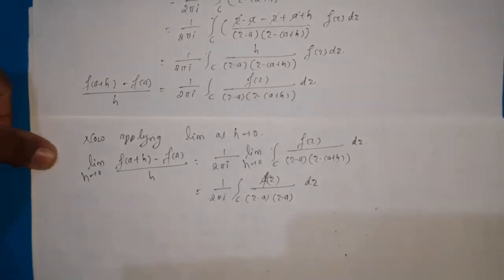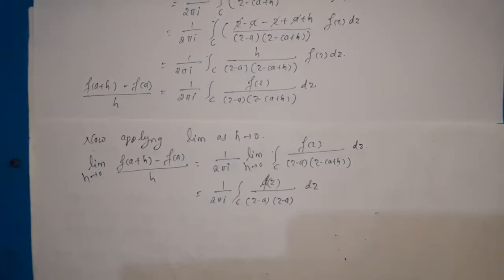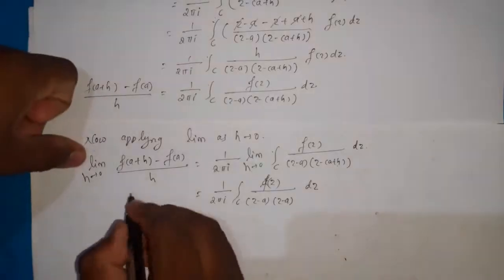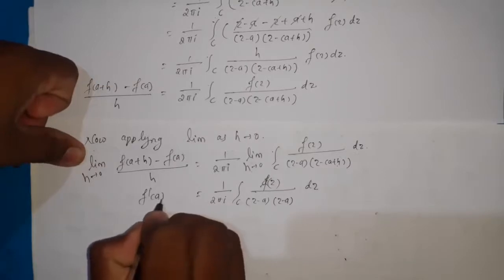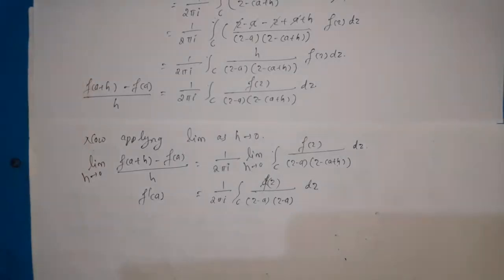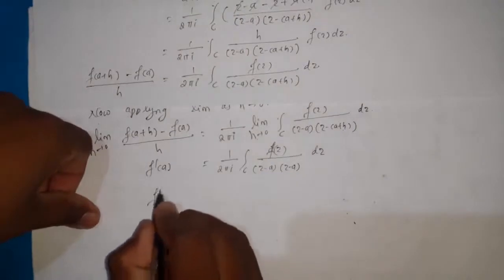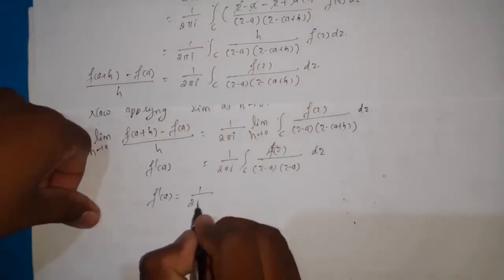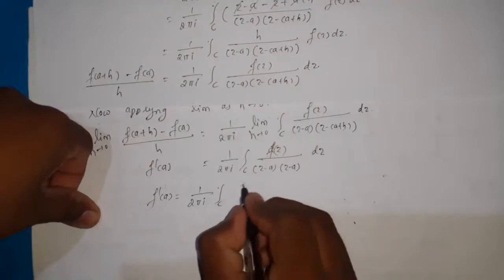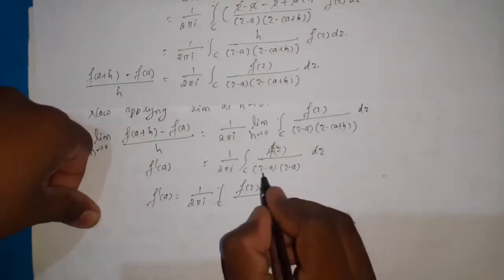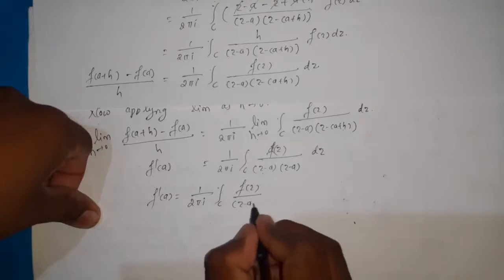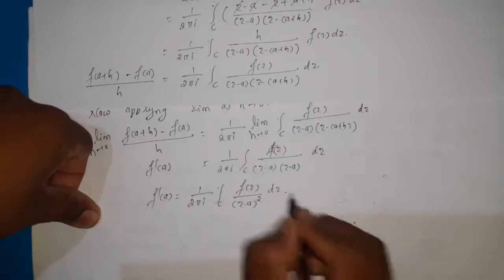And on LHS, that is limit as h tends to 0 of f of a plus h minus f of a divided by h, it is nothing but the derivative of the function f of a. So therefore that becomes f dash of a. So now f dash of a is equal to 1 divided by 2 pi i integration over C f of z divided by z minus a into z minus a, that is z minus a whole square dz.